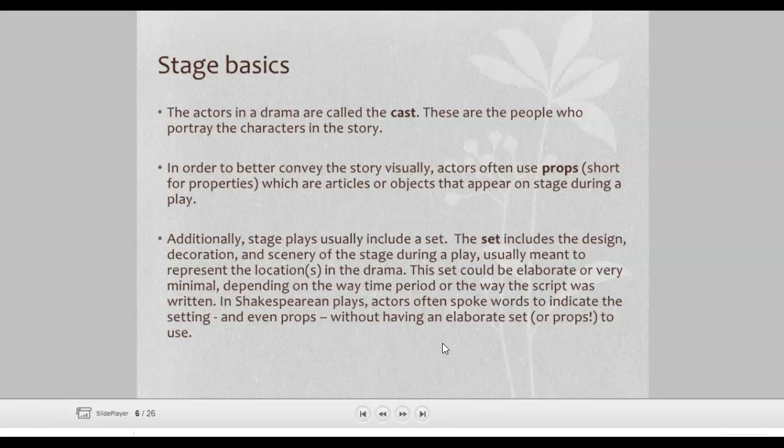Wherever the drama is taking you, you'd have to create that set if it was a full-fledged play or drama. So it could be very elaborate or minimal depending on really how professional the production is or how much time you spend on that.